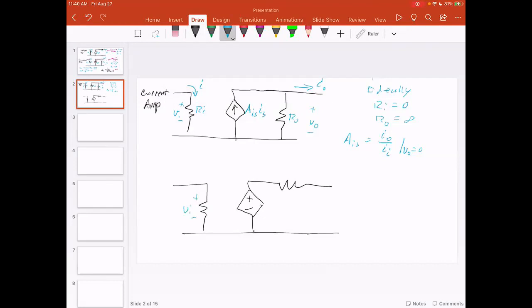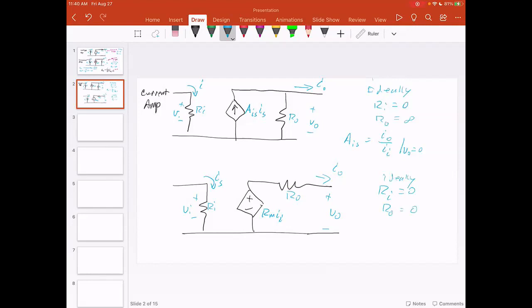So we have VI here still, RI, and we have a current IS, and we have this resistance R out, and we can see a voltage, of course, if we want. And now we have RM II, making that current. And ideally, RI equals 0, and R out is equal to 0, ideally.